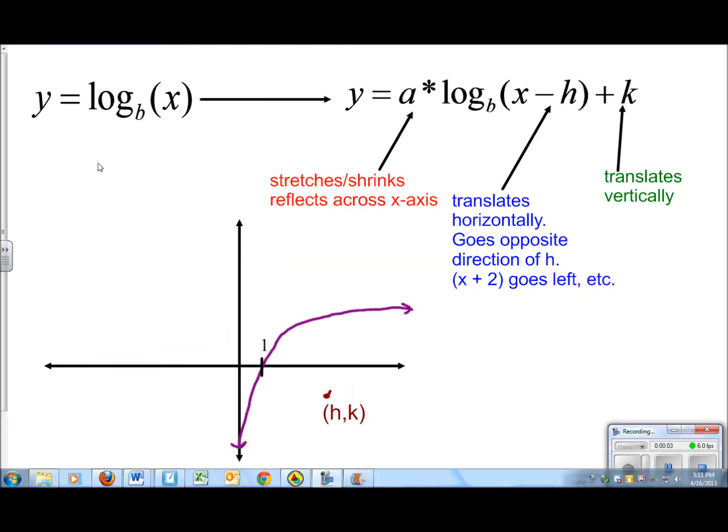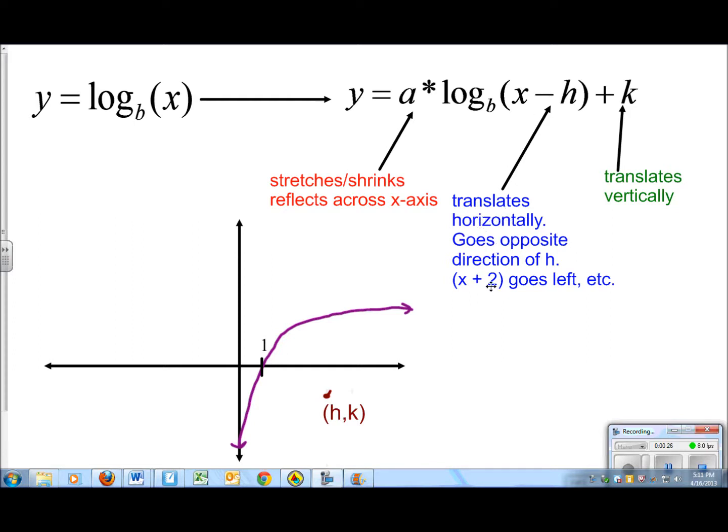Let's talk about the transformations on log base b of x, no matter what that base is. As you see, the a value multiplied in front of it will create a stretch or shrink, and if a is negative, it will reflect it across the x-axis. An h value translates it horizontally, so it goes in the opposite direction.